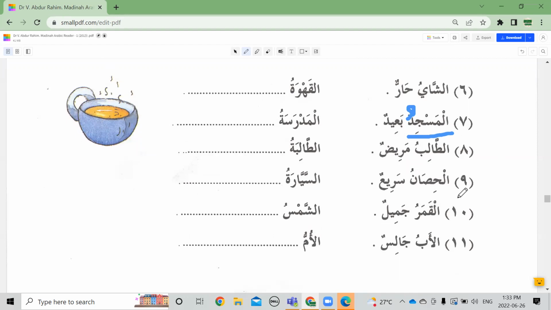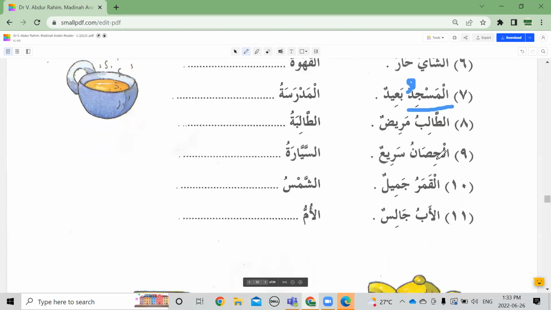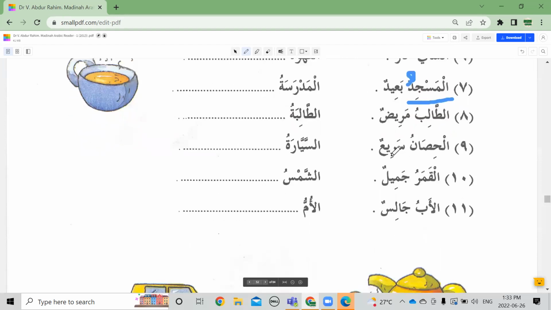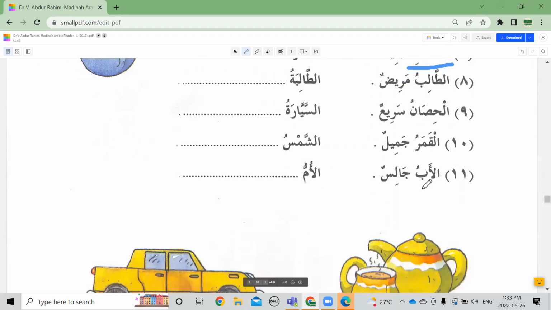At-talibu marilun. At-talibatu marilatun. Al-hisanu sari'un. As-sayyaratu sari'atun. Al-qamaru jamilun. Ash-shamsu jamilun also? That's not feminine, no?